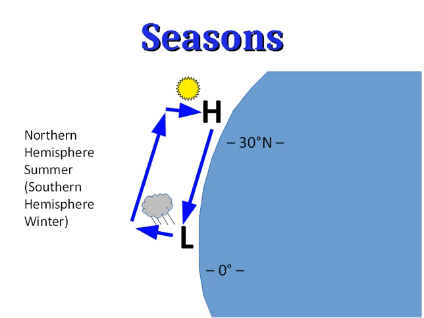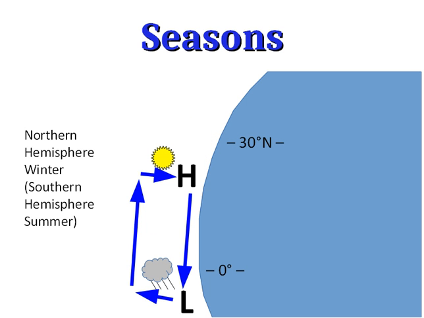So that low pressure zone is going to be located somewhere to the north of the equator. The high pressure zone is going to be located somewhere to the north of 30 degrees. And likewise for all of the other pressure and wind zones across the Earth. When it's winter in the northern hemisphere and summer in the southern hemisphere, that whole system is going to shift somewhere to the south of where it is during spring and autumn.